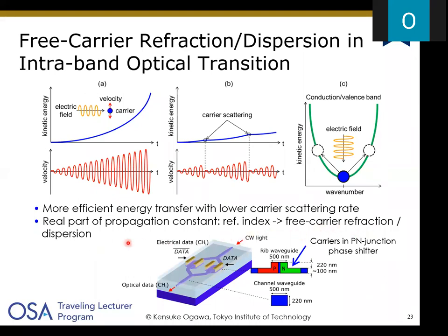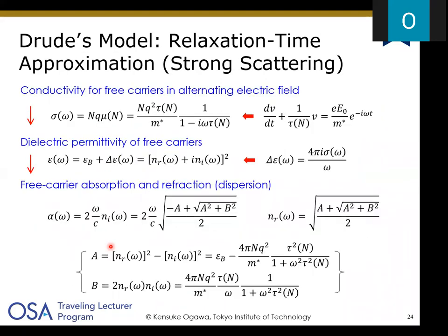And this is the key to generate the phase modulation, or refractive index modulation, electrically. So this is the mechanism for optical modulation in crystalline silicon for silicon-based optical modulators.